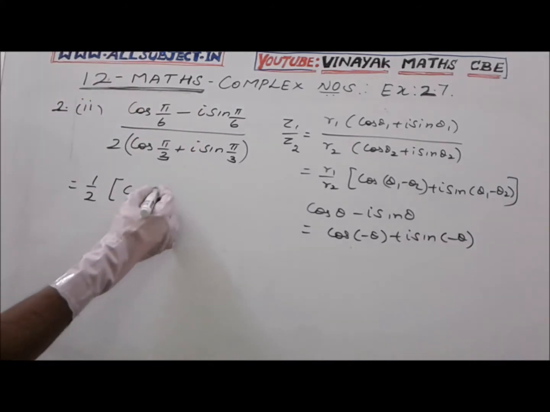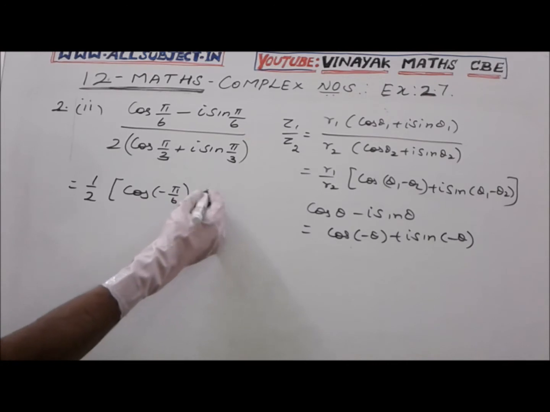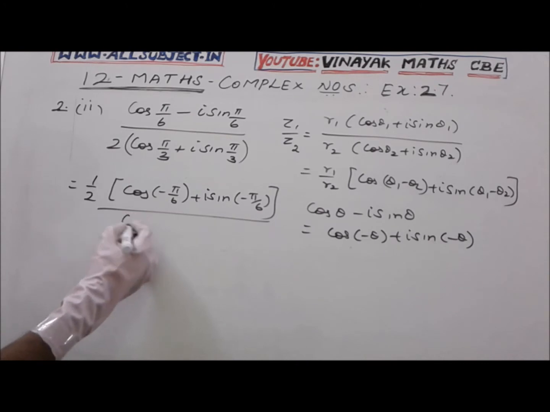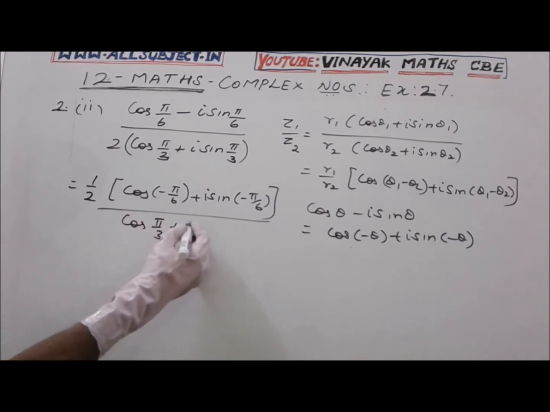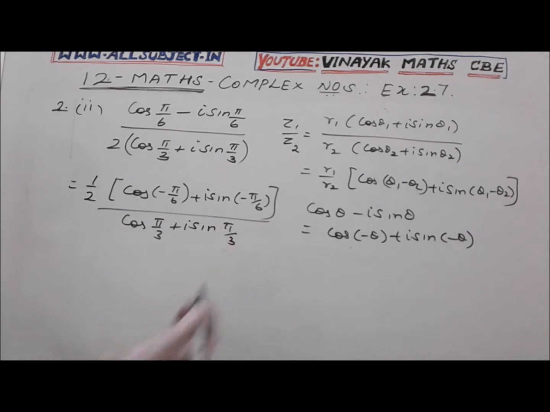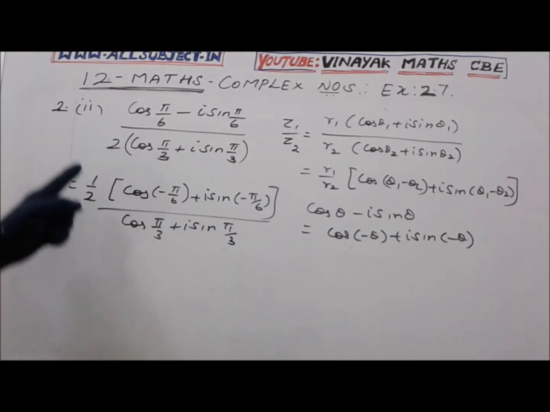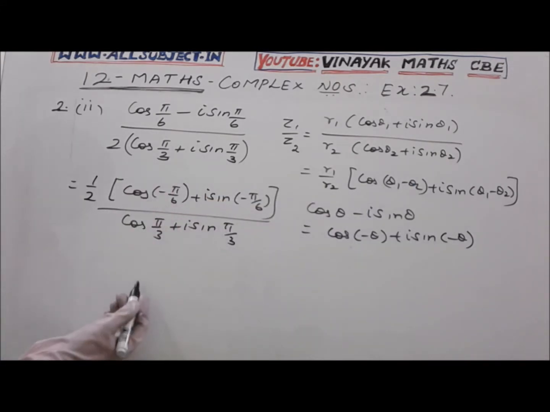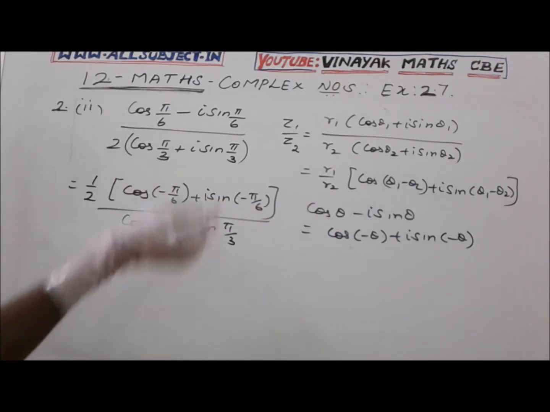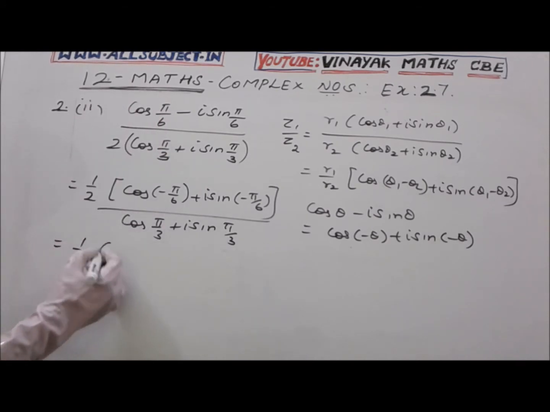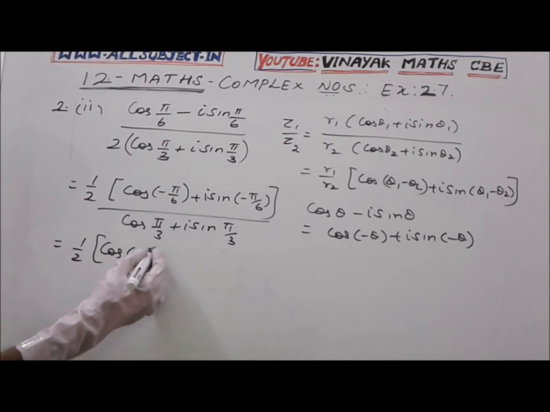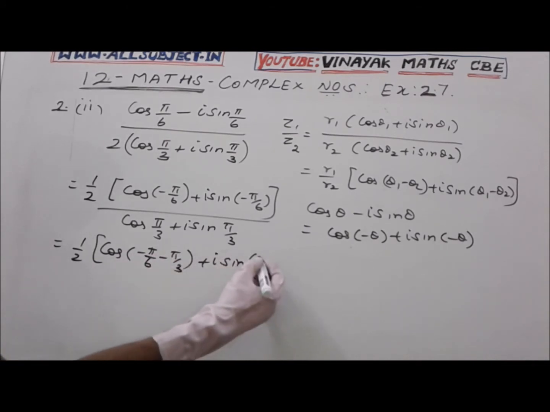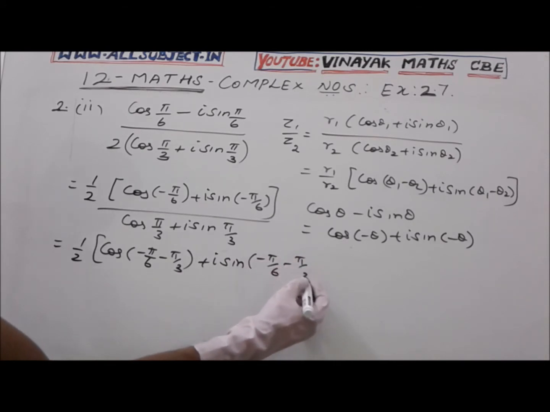So change it first: cos of minus pi by 6 plus I into sin of minus pi by 6 divided by cos pi by 3 plus I sin pi by 3. Now applying this result, R1 by R2 is 1 by 2 into cos theta 1 minus theta 2. Here theta 1 is minus pi by 6, theta 2 is pi by 3. Subtracting we have 1 by 2 into cos of minus pi by 6 minus pi by 3 plus I into sin of minus pi by 6 minus pi by 3.